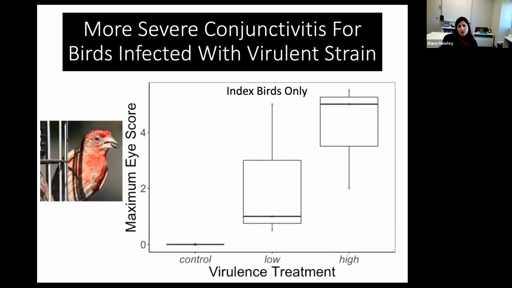These results are not surprising by any means, because this is why we picked these strains in the first place. But we see that the I scores for the index birds varied substantially. Birds infected with the high index strain had higher I scores than those infected with the low index strain. And of course our control birds had no I score.